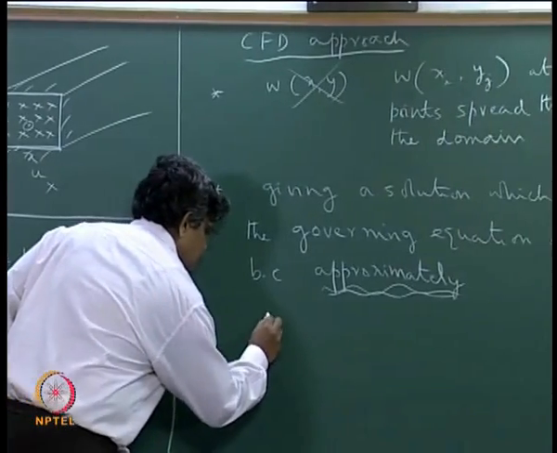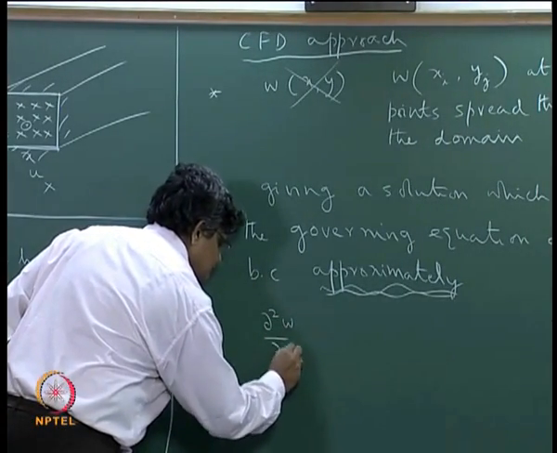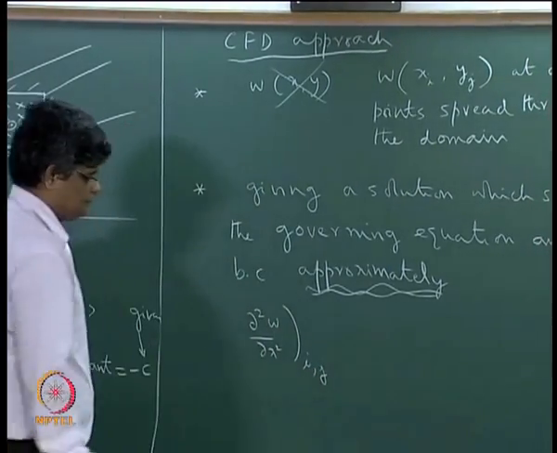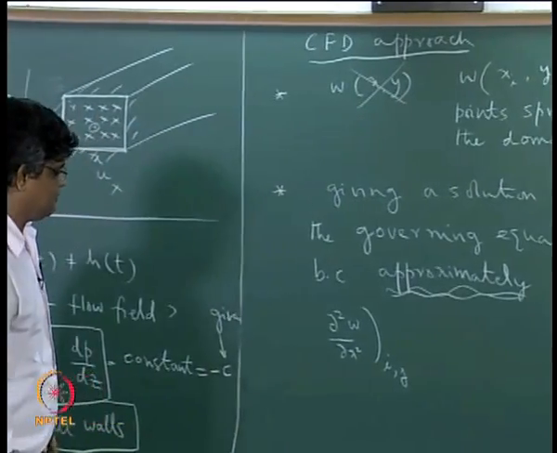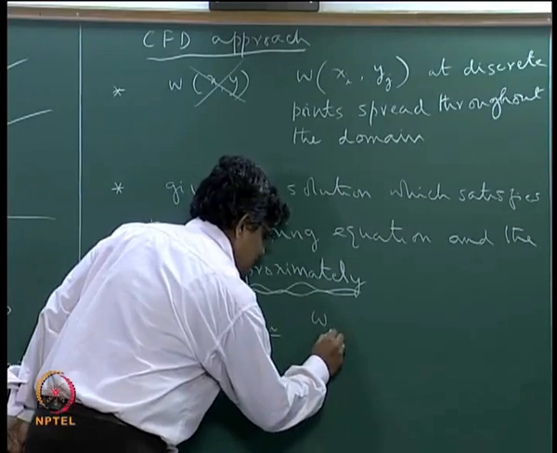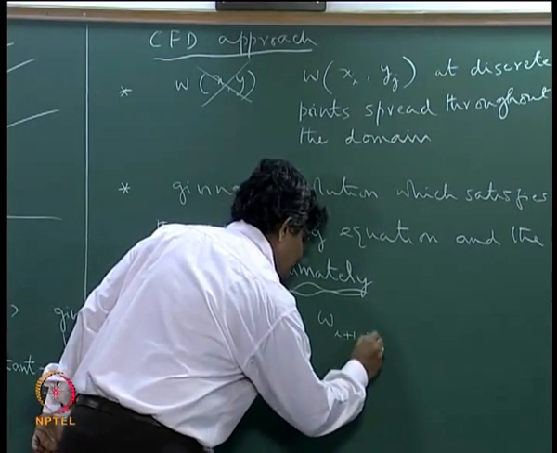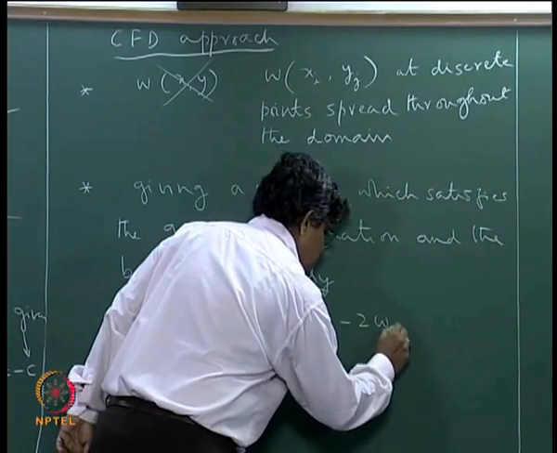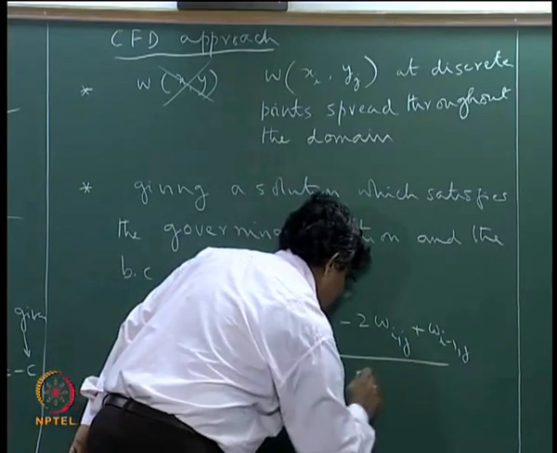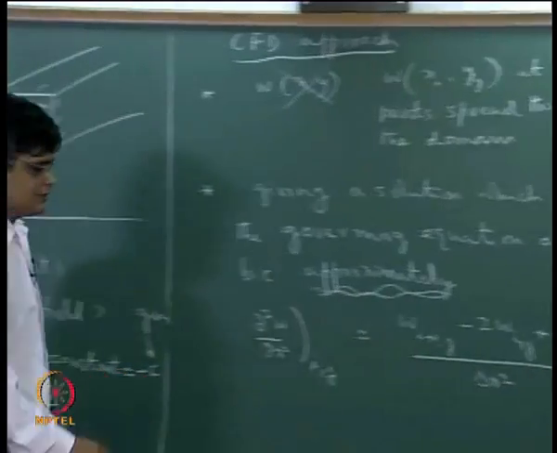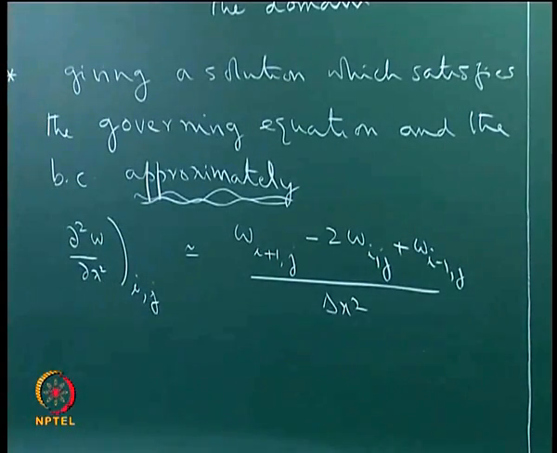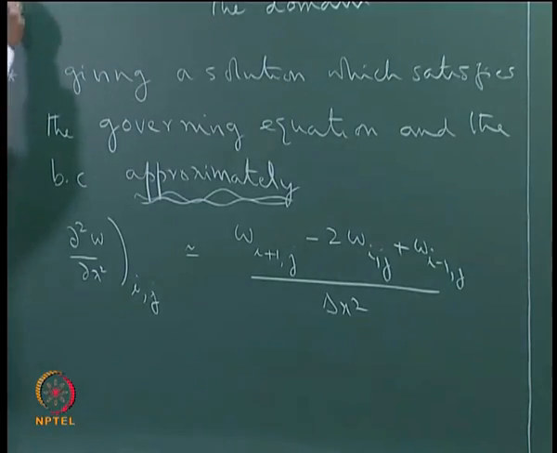For example, if you have ∂²w/∂x², then at a particular point i,j, if this is the point that has to be evaluated, we can write this roughly as (w(i+1,j) − 2w(i,j) + w(i−1,j)) divided by Δx². Now this requires us to explain what we mean by this i,j and all this. So we will go back to this domain here.